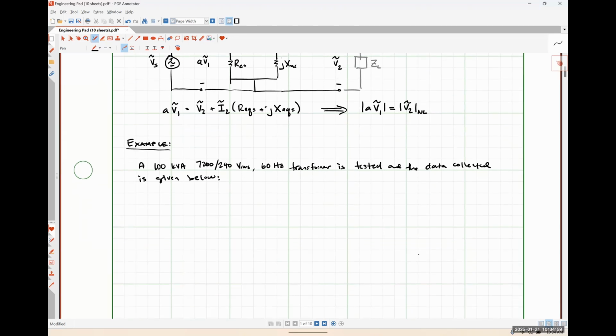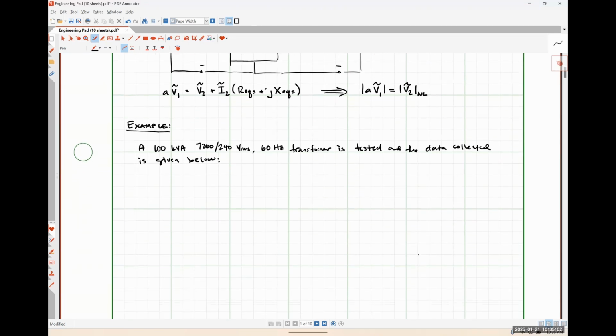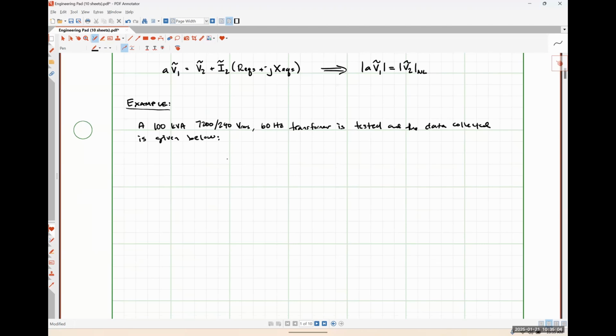So once again, these are going to be the results of the open circuit test and the short circuit test. And in this particular example, both tests were carried out on the high voltage windings.